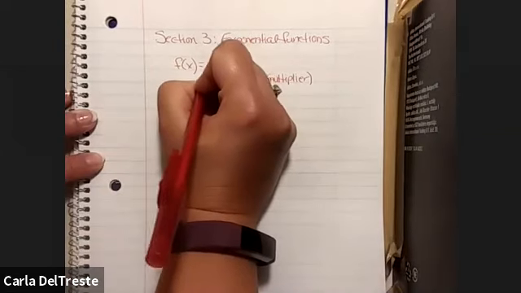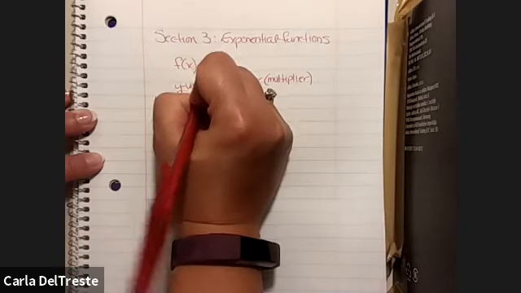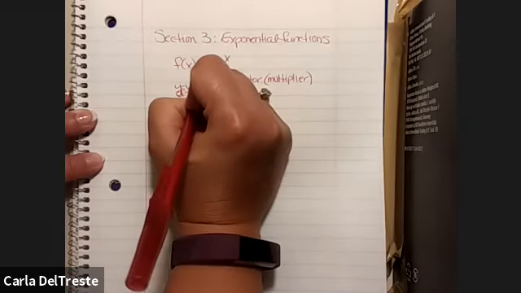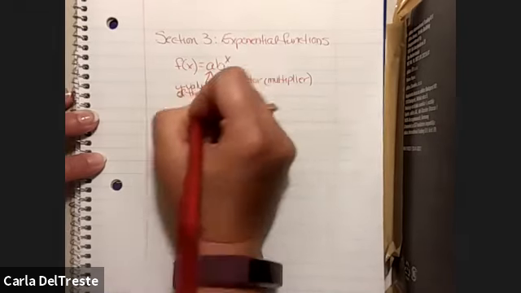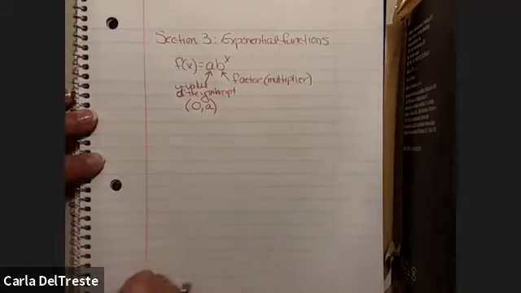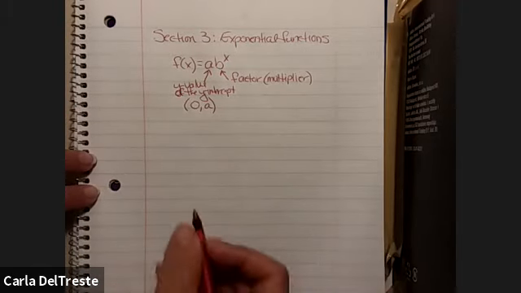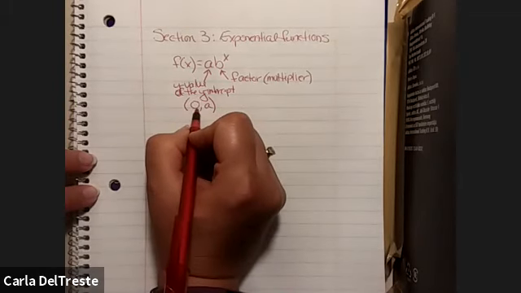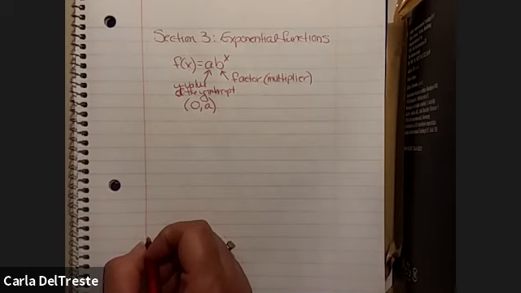And we had said that the a value is the y value of the y-intercept, keeping in mind that the y-intercept is an ordered pair. That's why we call it the y value and not just the y-intercept. So it's got to be of the point 0, comma, a, whatever that a value is. And those will always be true.